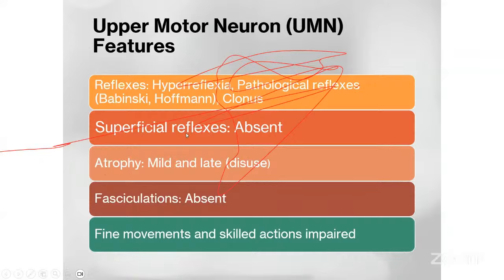I'll discuss these again later. Reflexes show hyperreflexia and pathological reflexes, Babinski and Hoffmann's, will be present. Clonus will be there. Superficial reflexes will be absent. Atrophy is mild or late, from disuse. Fasciculations are absent. Fine motor and skilled actions are impaired.